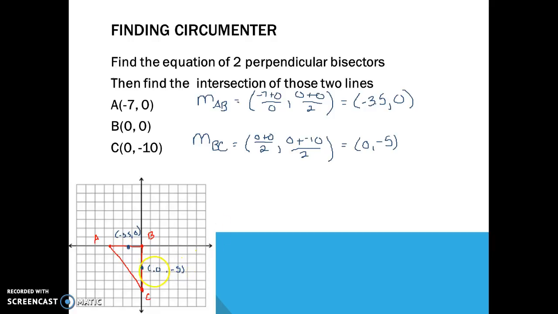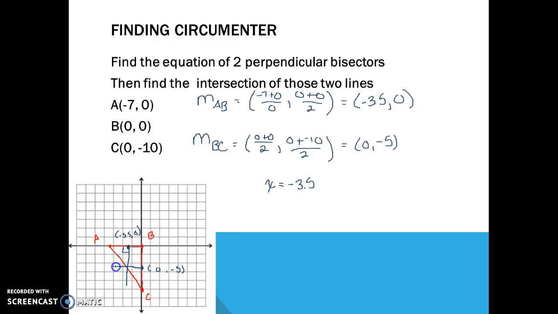Okay, so now if we're trying to find a perpendicular at these points, we want to think about what the equation of a vertical perpendicular line would be. The perpendicular right here would be x equals, because we want the equation of a vertical line, x equals whatever it has to cross through, -3.5.